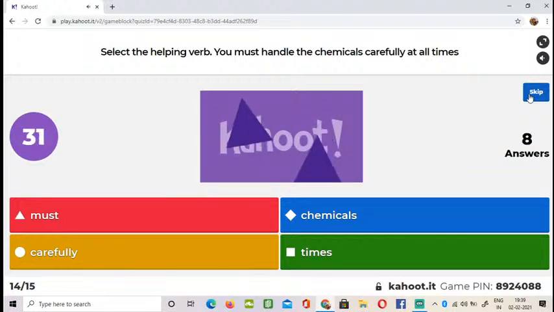Apply the same logic in this sentence. I've got 8 answers. Come on, guys, you can do it.